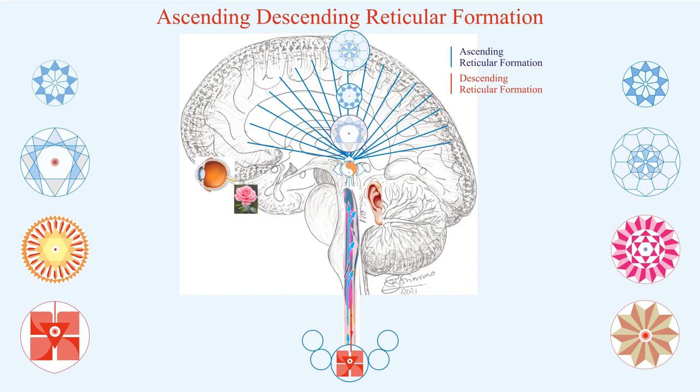Now let's first understand ascending and descending reticular formations. Right in the brainstem, you can see the structure, blue things going up and red coming down. Red is the one which is responsible for inhibition or going to sleep.